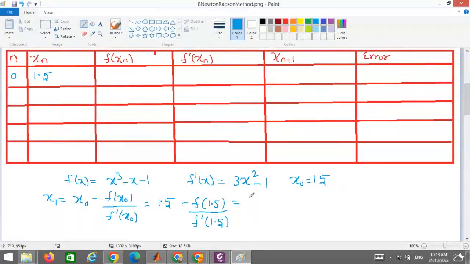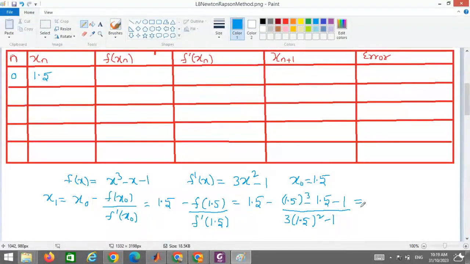So this will give you 1.5 minus f of x, which is 1.5 whole cube minus 1.5 minus 1, divided by f dash of x, which is 3x square minus 1, so 3 into 1.5 whole square minus 1.